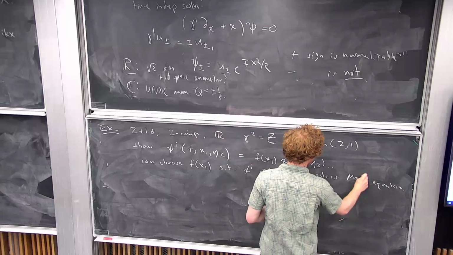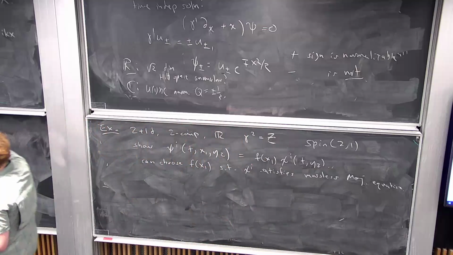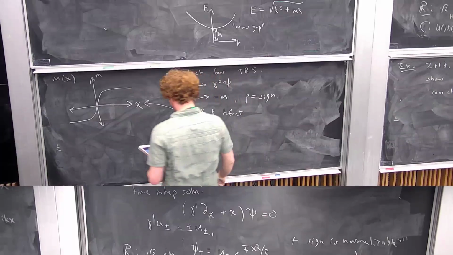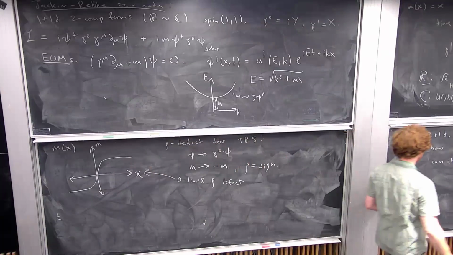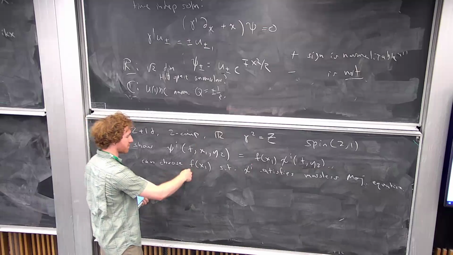So it's real. It solves this kind of equation with mass being 0. This will localize it to x1 equals 0. That's where this function will be peaked.